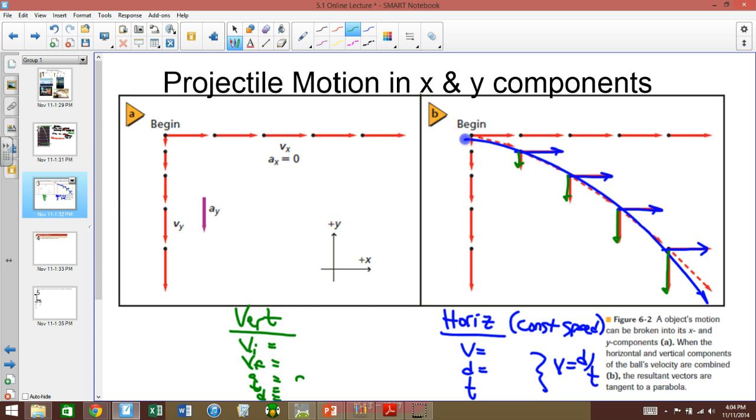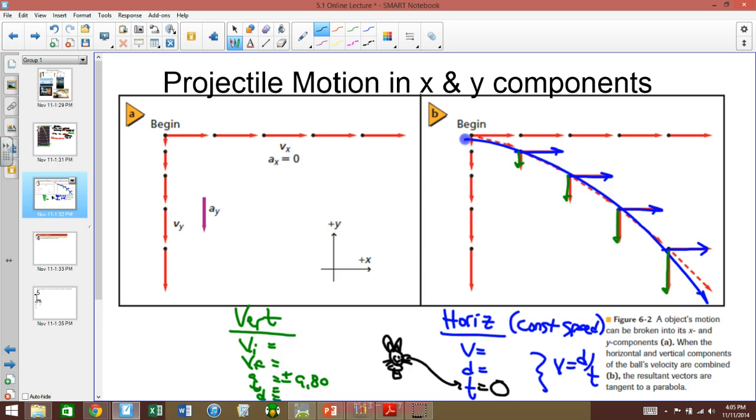The acceleration is always going to be 9.80. Now, that'll be positive or negative depending upon which way you assign to be up, positive or negative. And the other thing, and here's the real rabbit in the hat, the thing that links them is time.